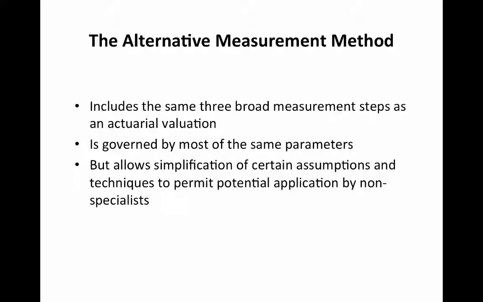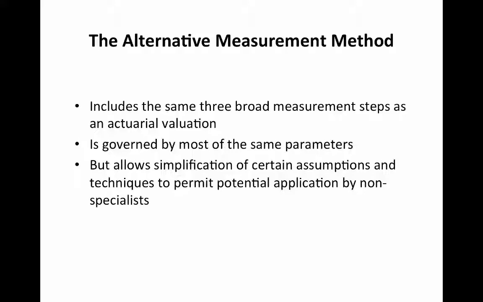The reason this method exists is a cost-benefit concern. Standards are required to produce a benefit that exceeds the cost of applying the standards, and in this case, the board felt that there might be some loss of accuracy using the alternative measurement method, but in order to make it possible in some circumstances for a smaller government to be able to apply the standards, that loss of accuracy or reliability was justified by the reduction in the cost.